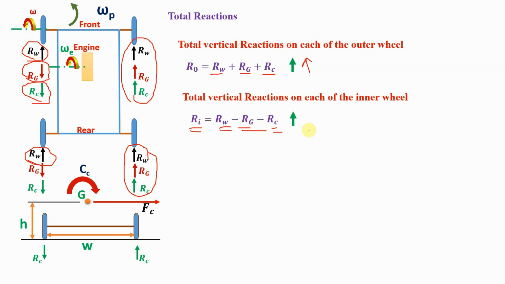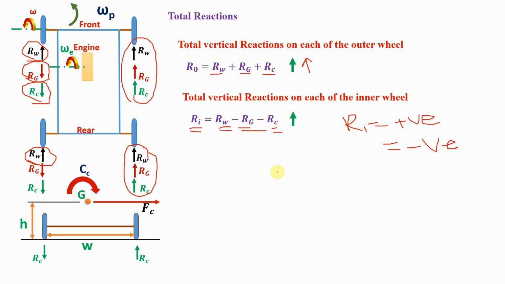Now we cannot predict whether Ri will be positive or negative, but there is a possibility that it may become equal to 0 or fall to a negative value, and when this happens, the inner wheels will leave the ground while the vehicle is taking a turn, and that is not desirable.